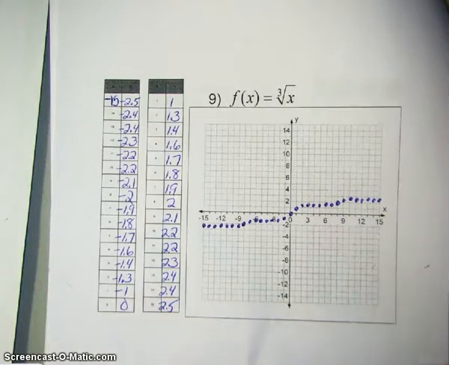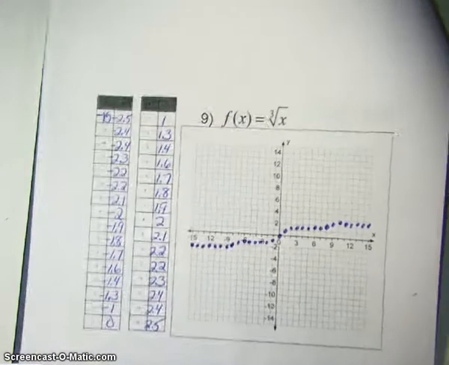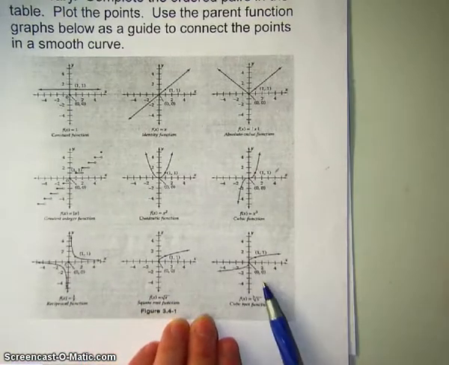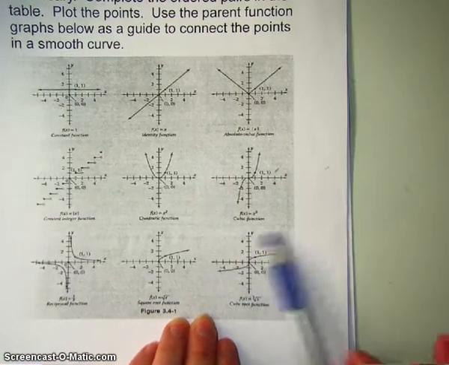Okay, so my line, or it's not a line, it's a curve. My curve has a few too many bumps in it, but those are going to be the struggles that you face when you are estimating. This is the answer to what that graph should look like.